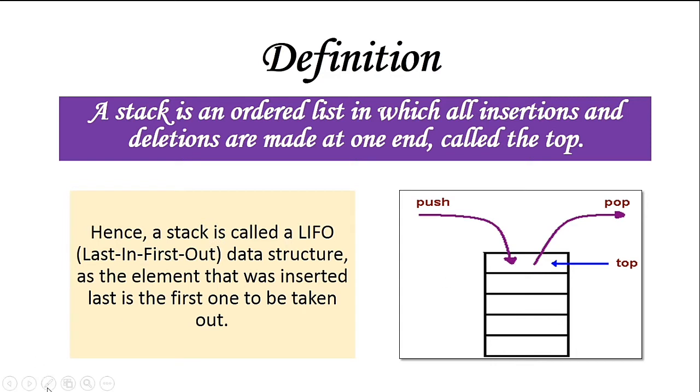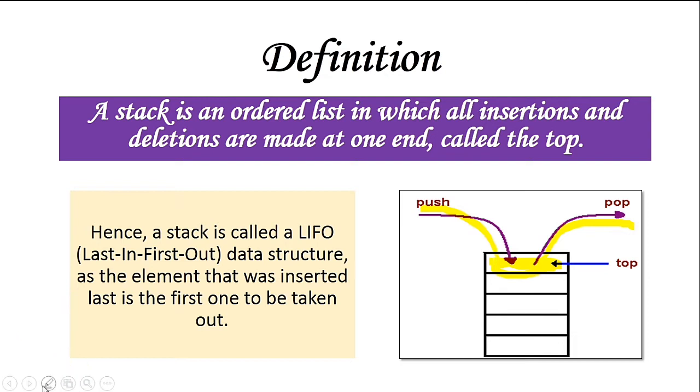Usually if you consider this stack, this is the topmost position, we are calling it as top of stack. So when you are pushing the element, you are going to push the element to the top of the stack and you are going to pop the element from the top of the stack. Hence, a stack is called last in first out data structure. That means whatever data you are going to insert at the end, that will be deleted first.